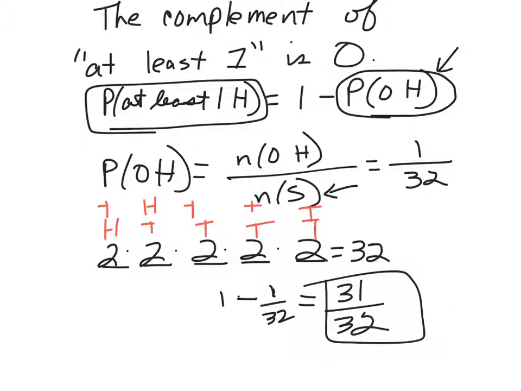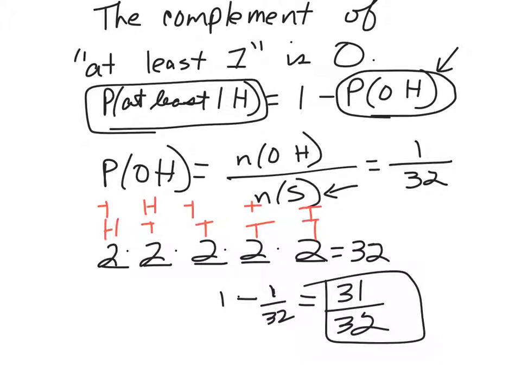Combined with this 1 way to get 0 heads, that would give you 6 out of 32 ways to get 1 head or less. So the probability of getting 1 head or less is 6 out of 32.